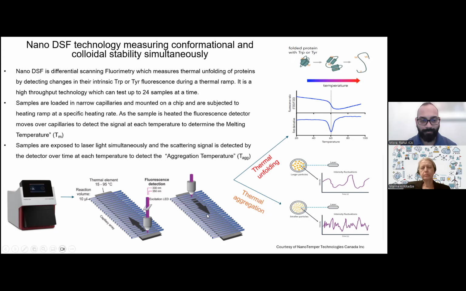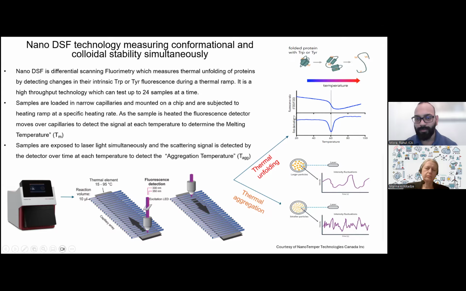At the same time, this fluorescence detector moves across each and every capillary and detects the change in fluorescence. As I mentioned, it can do the thermal unfolding. It can also measure the thermal aggregation.